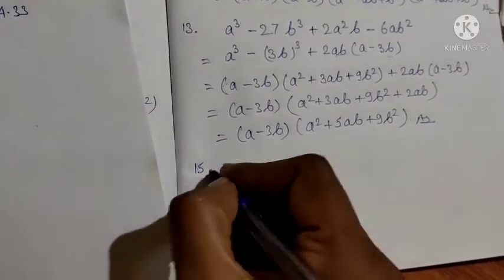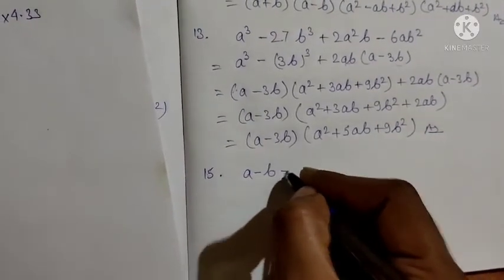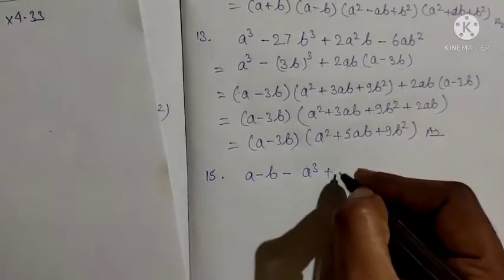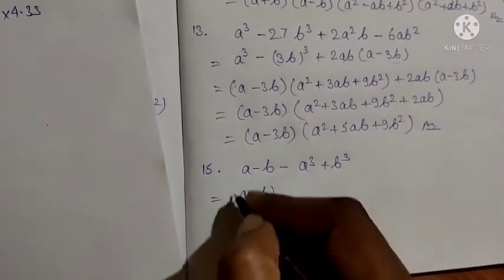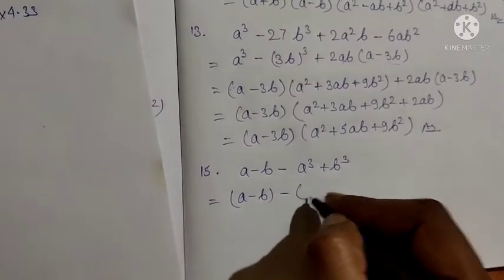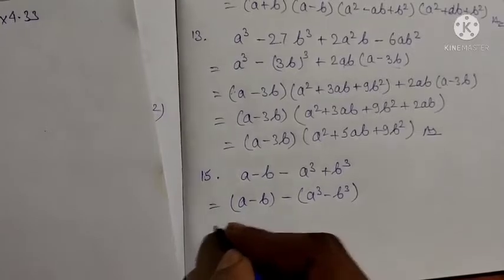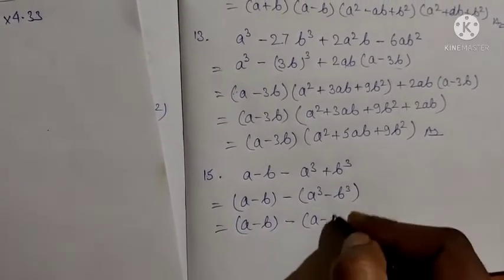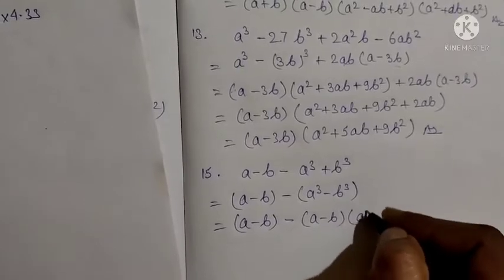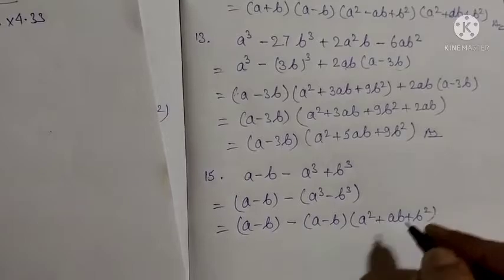Question number 15. (a minus b) minus (a cube minus b cube) is equal to... when we are taking minus as common, then it will be a cube minus b cube. Hence it will be (a minus b) minus (a minus b)(a square plus ab plus b square).